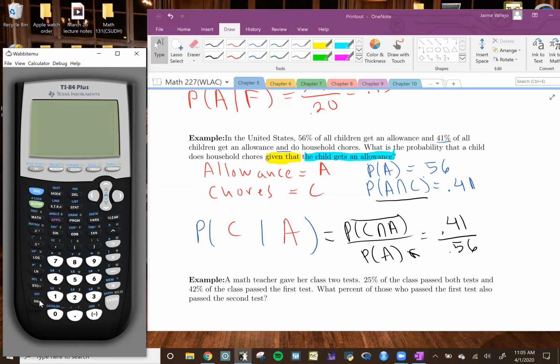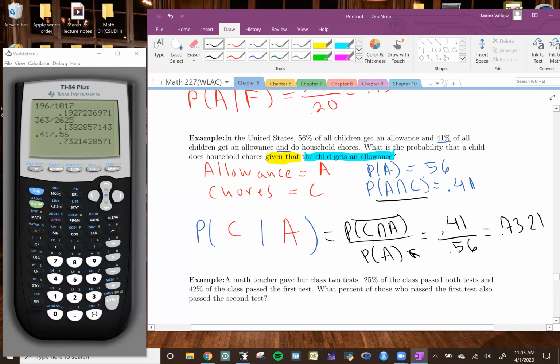So if you do 0.41 divided by 0.56, you get 0.7321, or 73.21%.